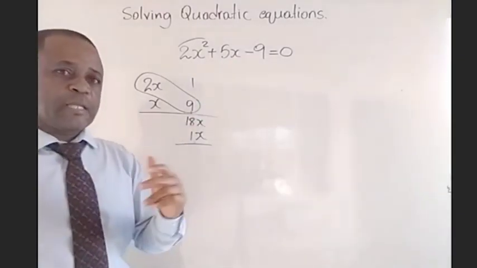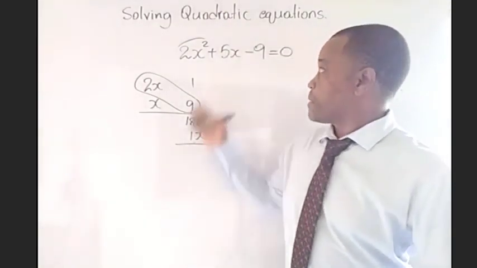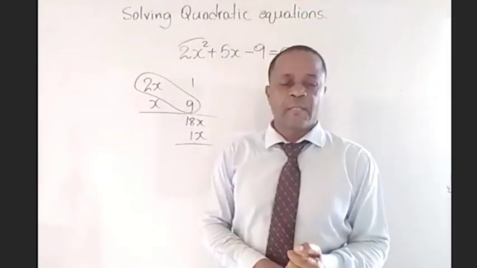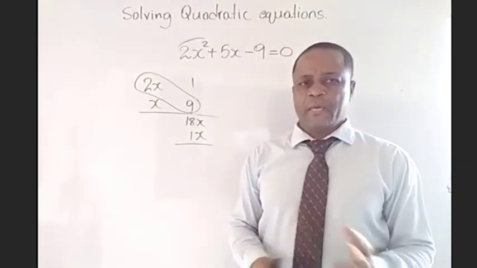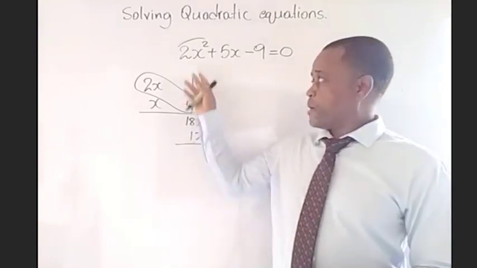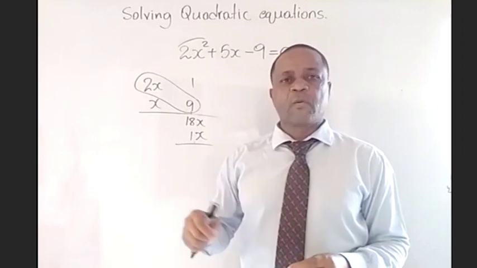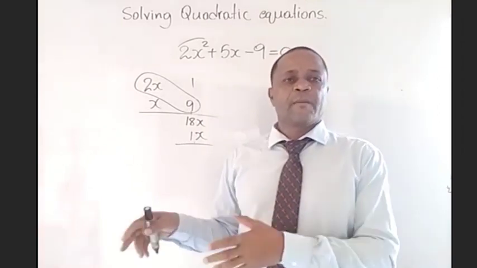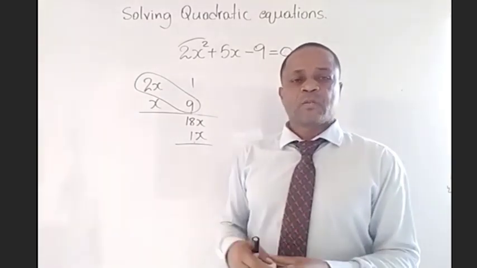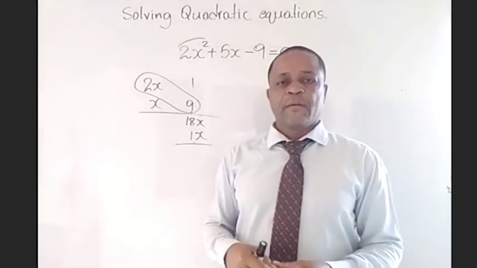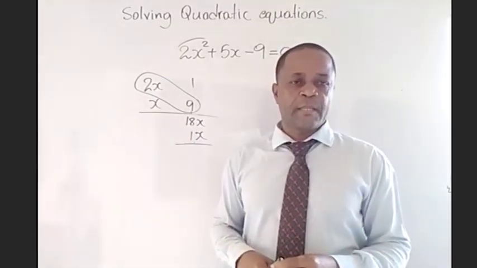So what is wrong? Is it that we're doing something wrong here, that we can't solve this using the factorization method? No, we're not doing anything wrong. What you would realize from this is that there are quadratic equations that are unable to factorize, so therefore we can't use factorization to solve quadratic equations like these.